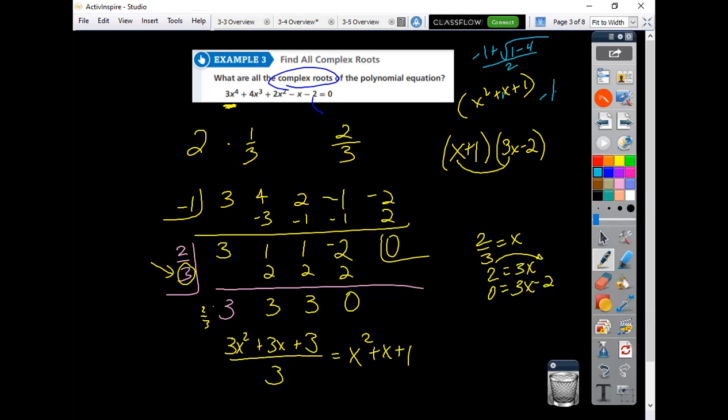So negative 1 plus or minus the square root of negative 3, all over 2, or negative 1 plus or minus i times the square root of 3, over 2, or negative 1/2 plus and minus i square root of 3 over 2, separate like that, for your two imaginary roots that they asked for on that problem.